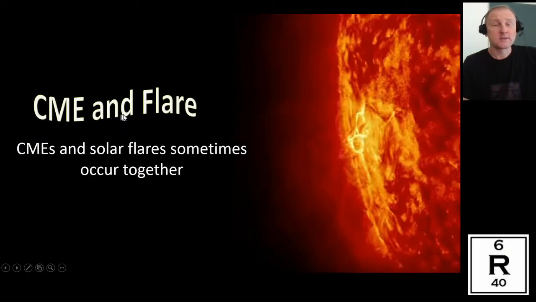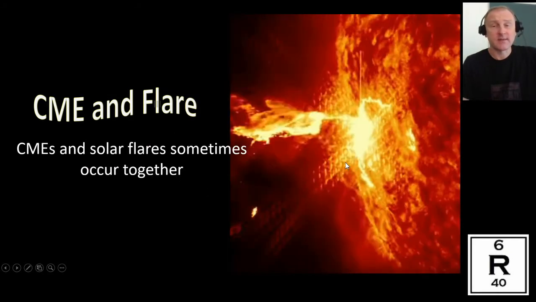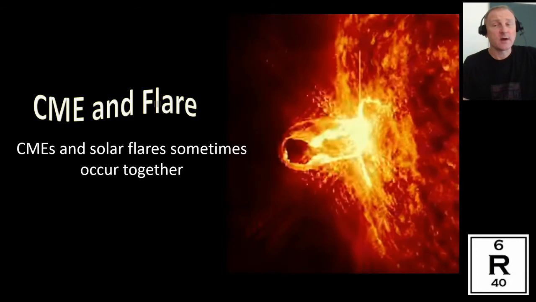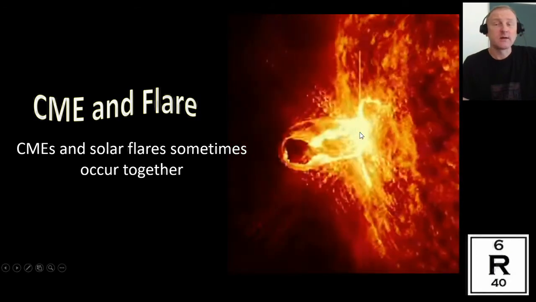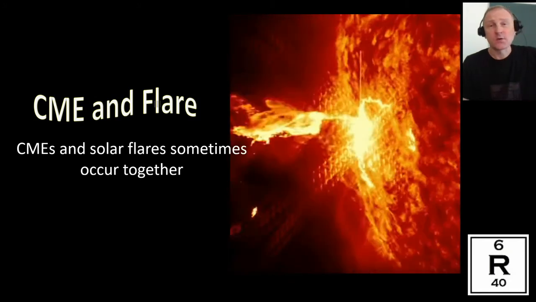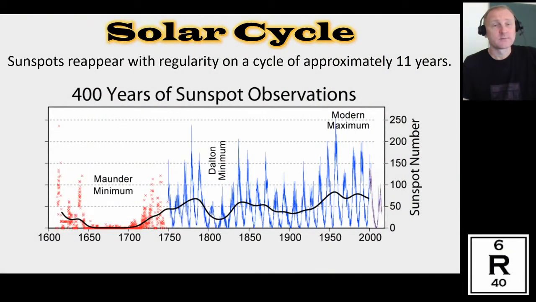Coronal mass ejections and solar flares are sometimes occurring together. However, it's important to note that they are two different things. This bright flash is the flare. The flare is releasing electromagnetic waves, primarily X-rays, where a coronal mass ejection is actual matter, protons and alpha particles.